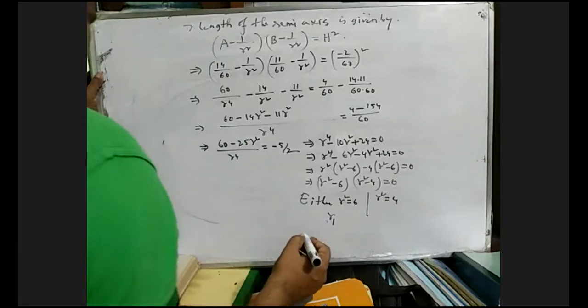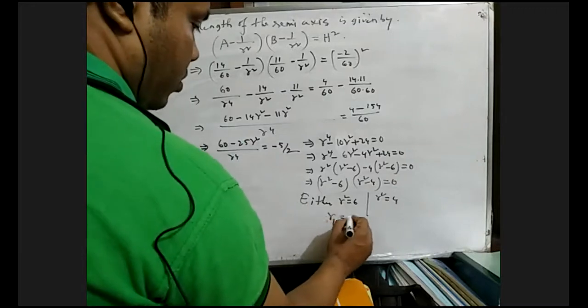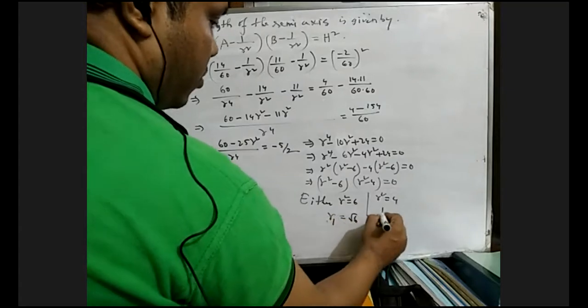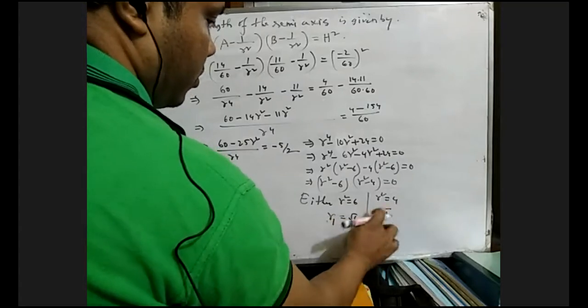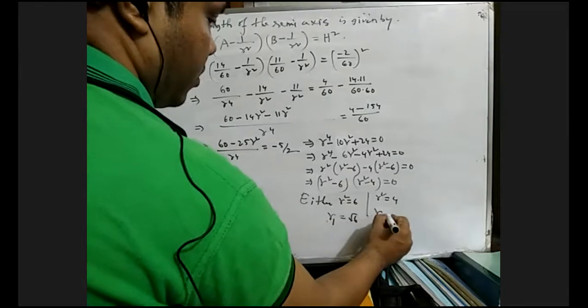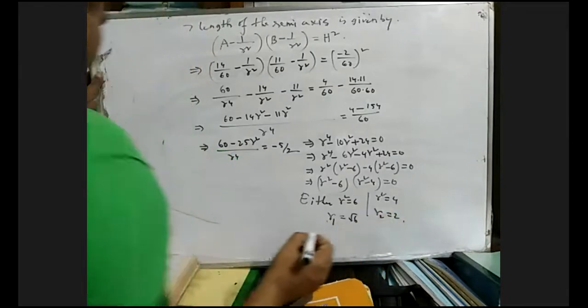So the major axis will be r1 equals root over 6, and the minor will be r2 equals 2.